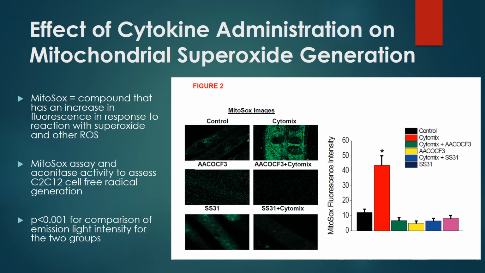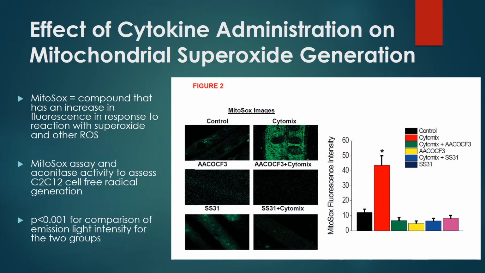You can see this as the red bar in figure 2 compared to the black control bar. They also found that administration of AACOCF3, which is a CPLA2 inhibitor, blocks cytokine-induced increases in MitoSOX activity.